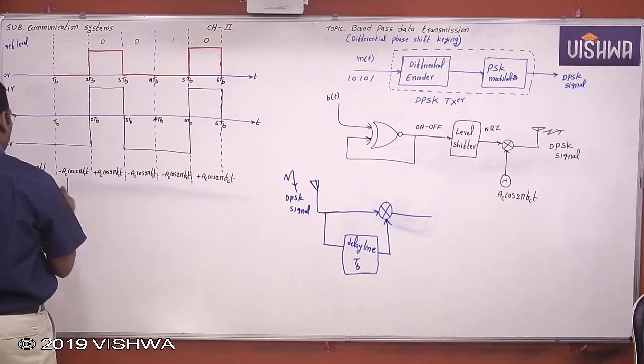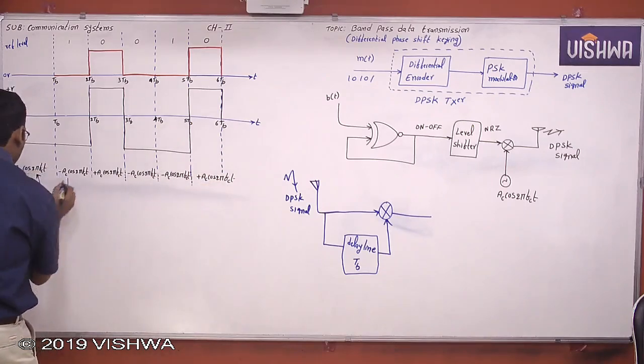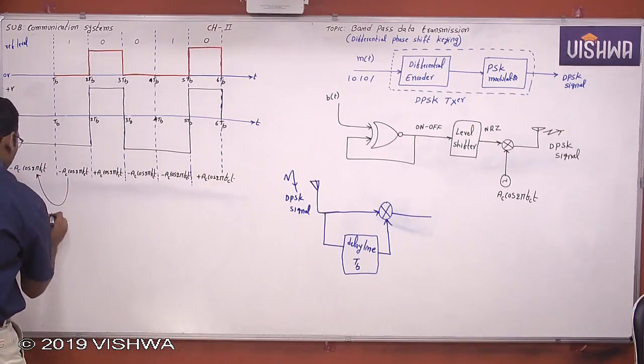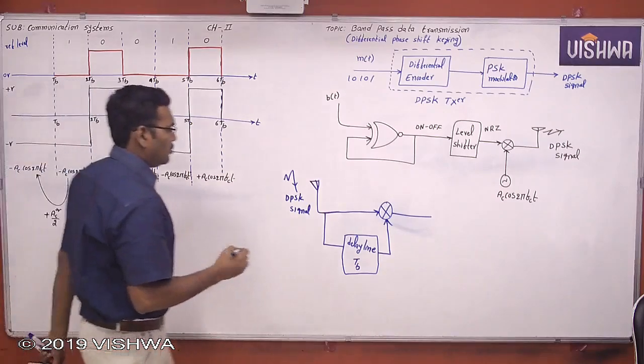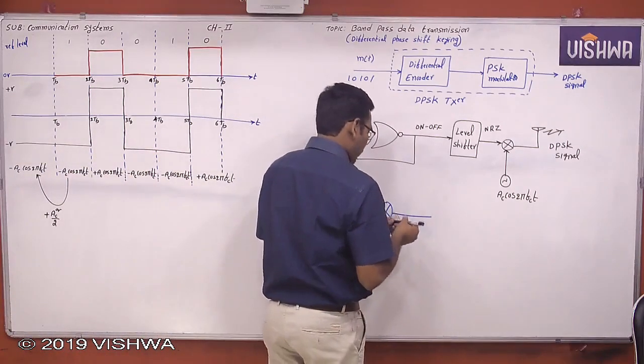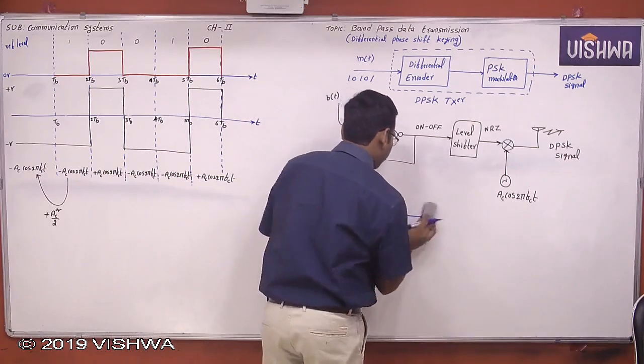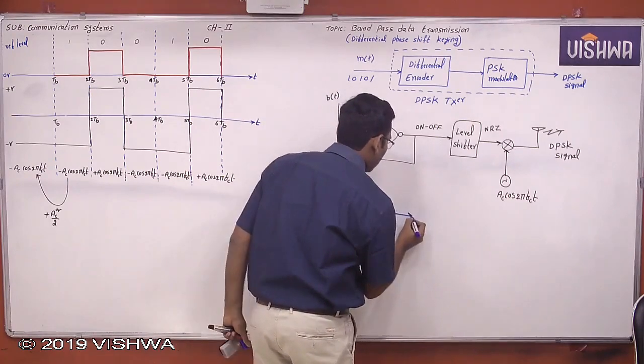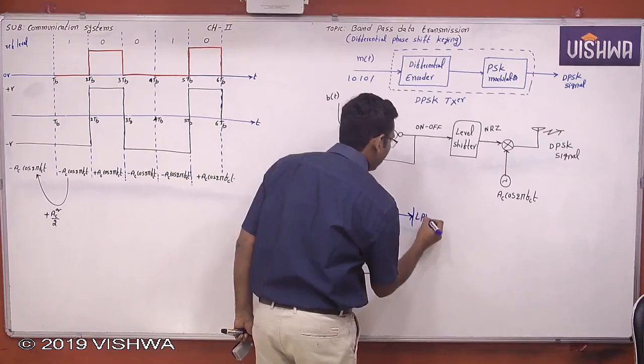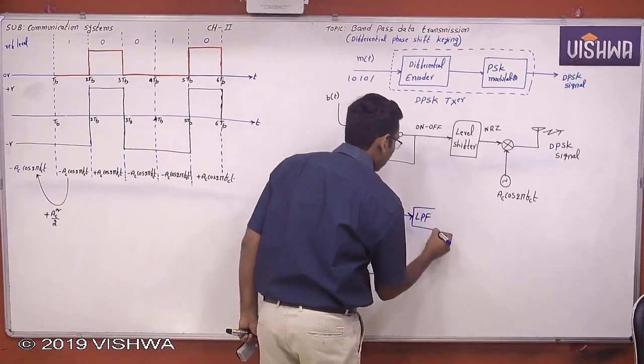Present and previous: delay means this is minus into minus, plus Ac square by 2 plus cos. So that I can eliminate it with the help of a low pass filter. Okay, if I use the low pass filter, it will eliminate that high frequency component.